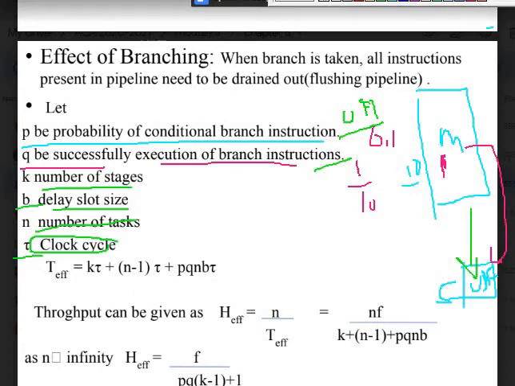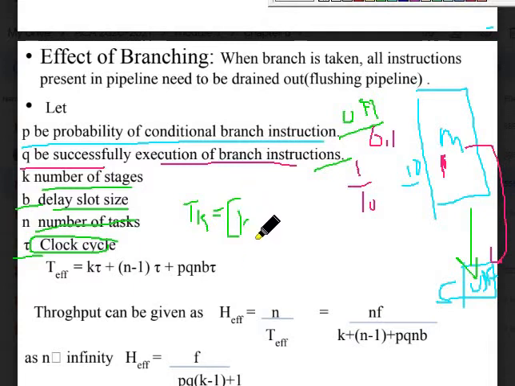I hope you all remember one equation, that is T of K, the time taken to complete n tasks through a k-staged pipeline, equal to bracket of k, the number of stages, plus n minus 1, the number of total instructions, into tau.